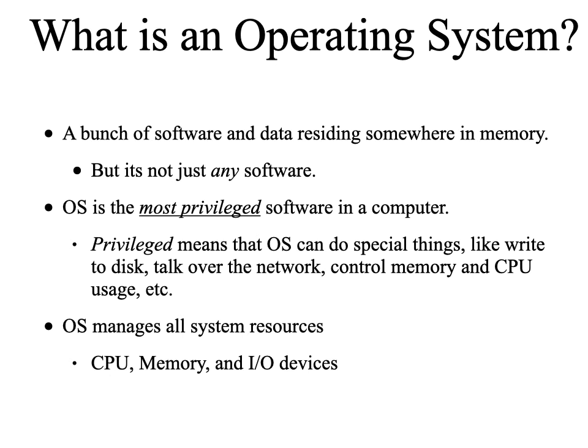So essentially, operating system can do special things that deal with allocation and control of a computer system's resources, which other normal software are not allowed to do. So broadly, these three resources, we can categorize them as CPU, memory, and I/O devices or input-output devices.